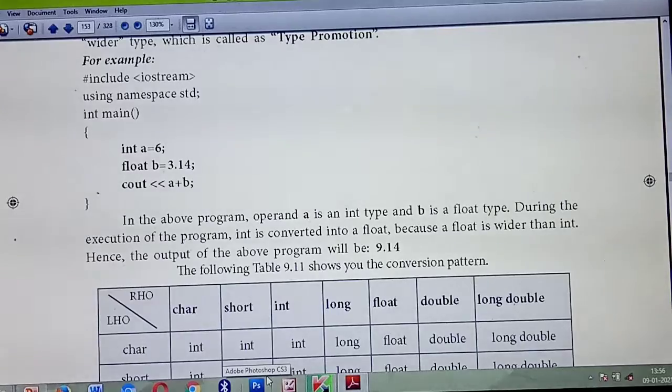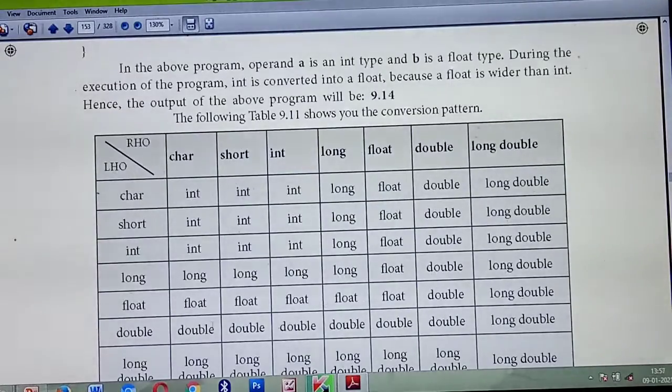For that, listen. As I already said, it will convert only based on the rule, that means smaller data type to wider data type. Here you are adding integer and float and getting the answer as a float. So float is greater than int, so you are getting the answer as a float. So this is the type conversion pattern.